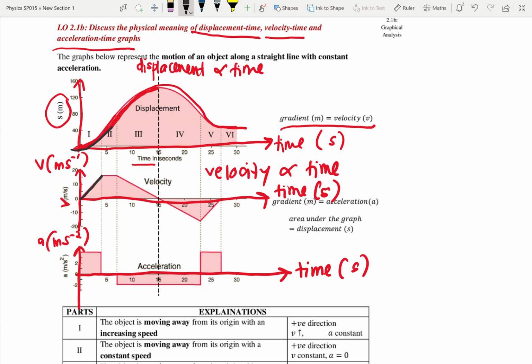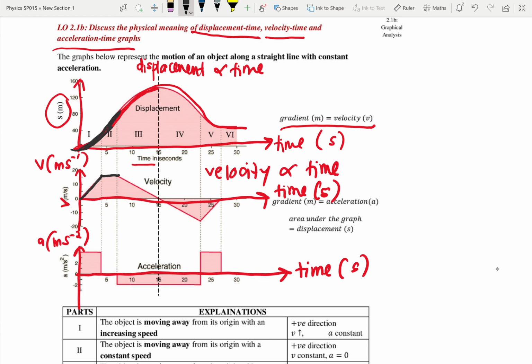So how do you find the value of velocity? It is from the gradient of displacement against time. And then at this area, part 2, the gradient is constant. That means the velocity is constant as well, right?